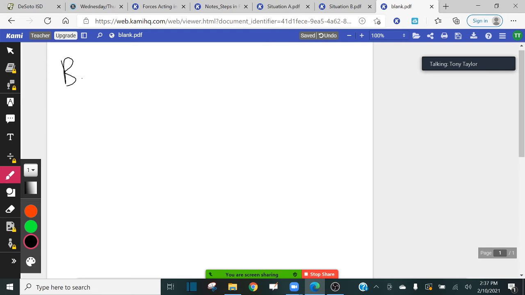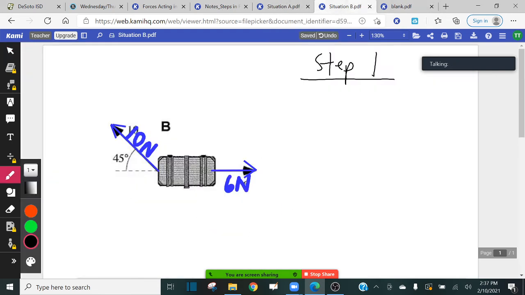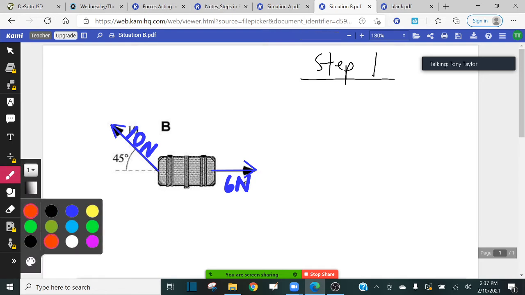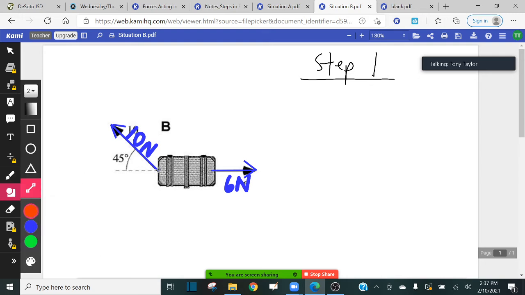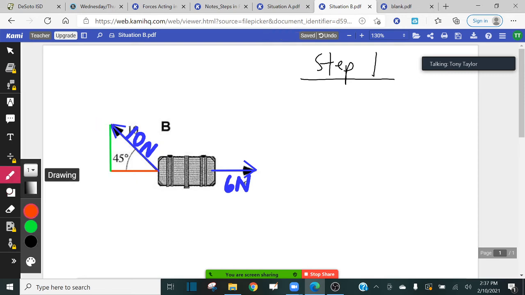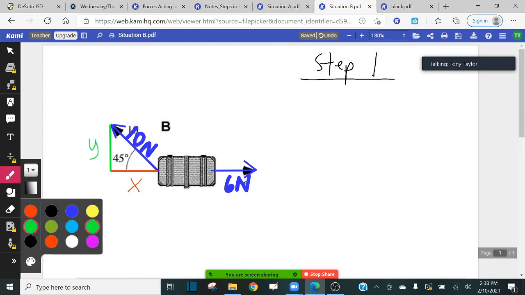Again, we're on situation B. Whenever you're splitting a vector up into its x and y components, you want to look very closely at the direction. Notice this vector is not only pulling toward the left, it's also pulling up at the exact same time. So clearly we have an x component and a y component. And everybody should be able to see that that angle there is 45 degrees.